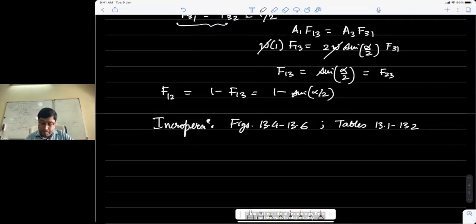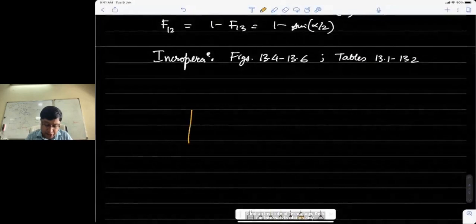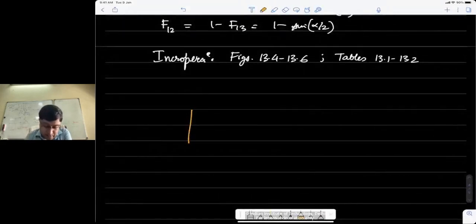Okay, so let's look at one more scenario where let's say we have radiation exchange between a surface I with a surface J, but surface J is composed of many more surfaces.